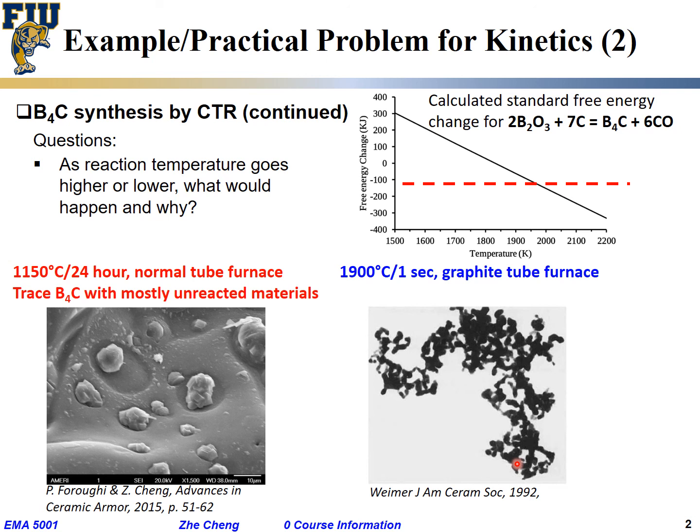Make sense? So that's what they observed. And then the thing is, if you are a production engineer and your customer wants uniform nanopowder, which condition do you try to go to? Definitely not here, right? You try to go to here because this one gives you the uniform nanopowder.